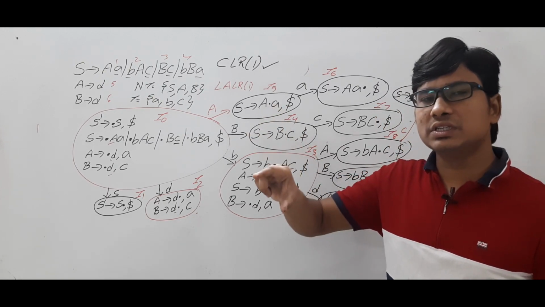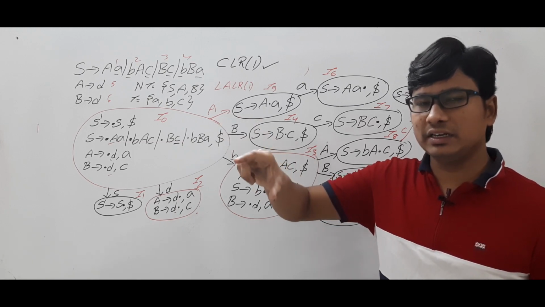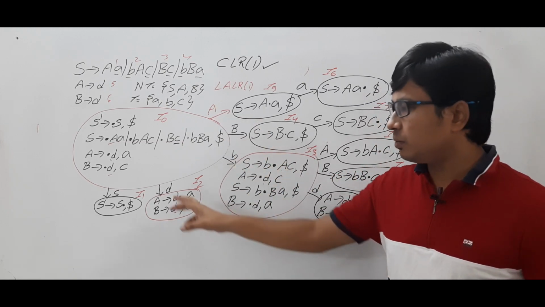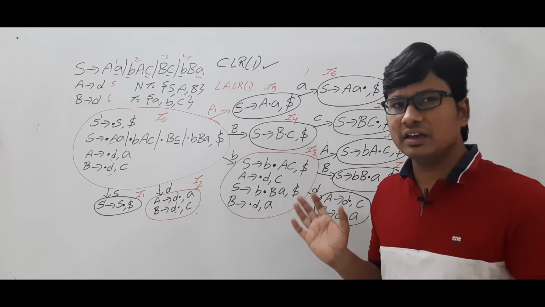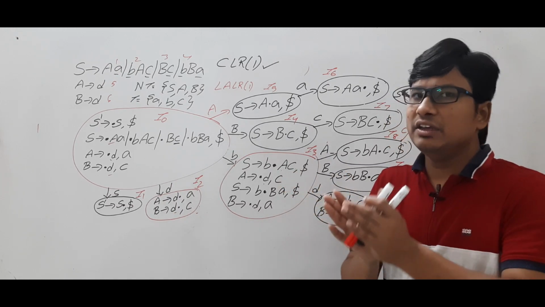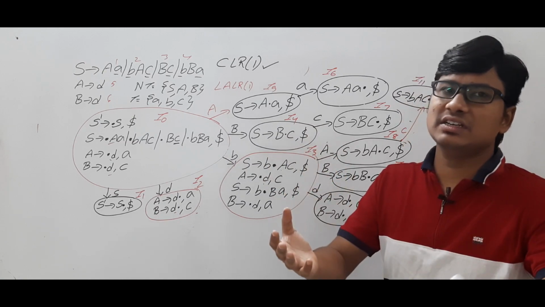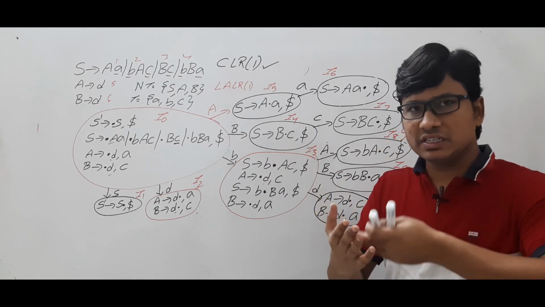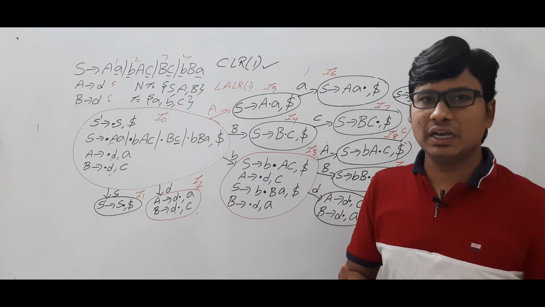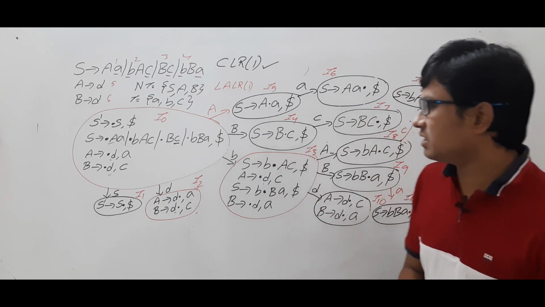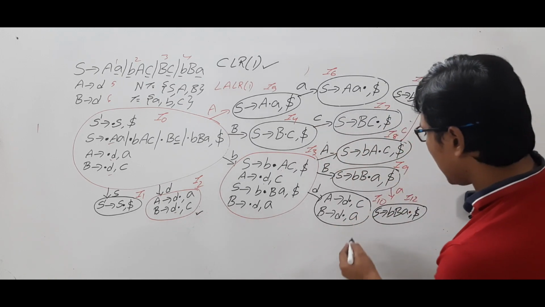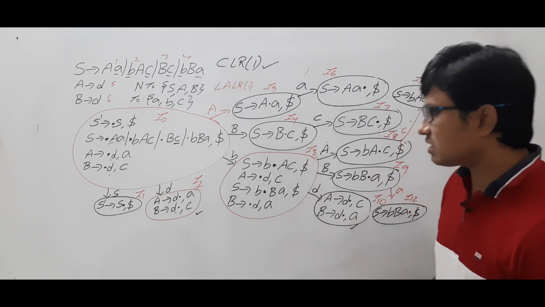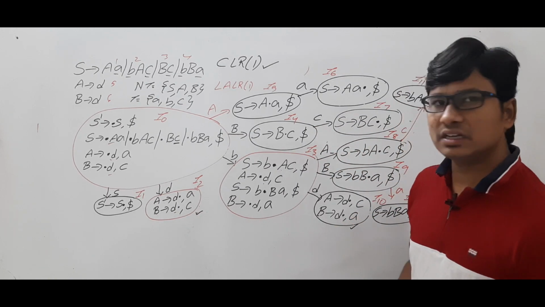Wherever two states, the two items, have the same productions and different lookaheads, we combine them. If there are no such items, then the number of items in the CLR1 is equal to LALR1. Now if you check, we just discussed I2 and I10: the productions are same but the lookaheads are different.